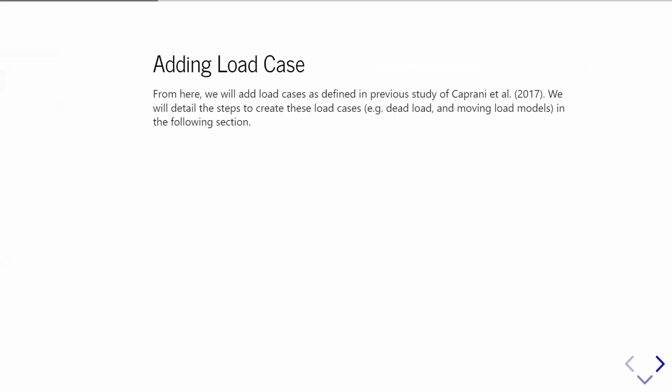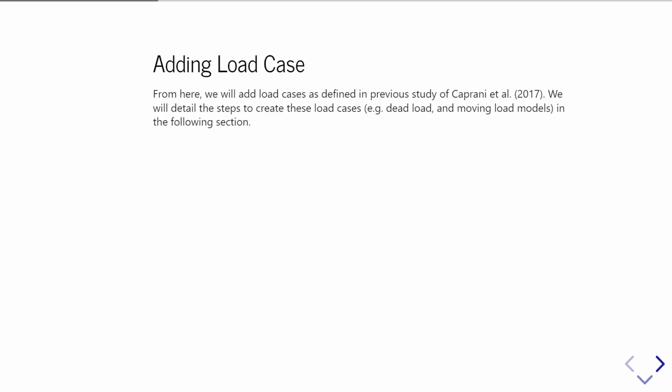Okay. I would say the second main feature of OpenSees Grillage is that it doesn't just create models, it also wraps around OpenSeesPy's load and analysis commands, so we can actually add load cases and perform analysis using OSP Grillage.